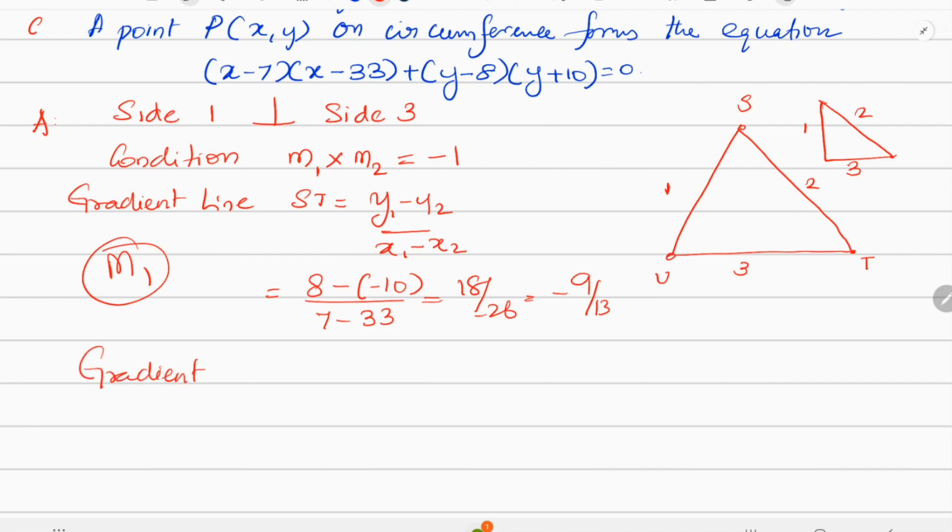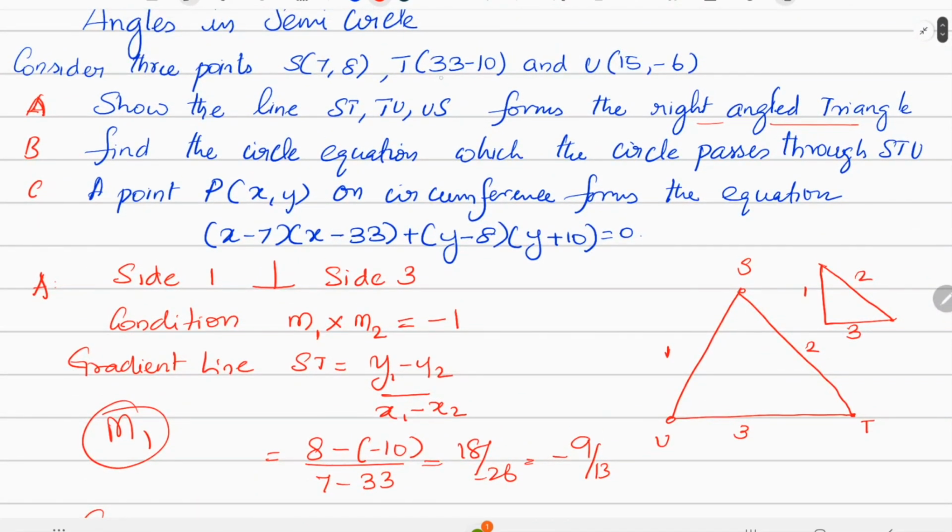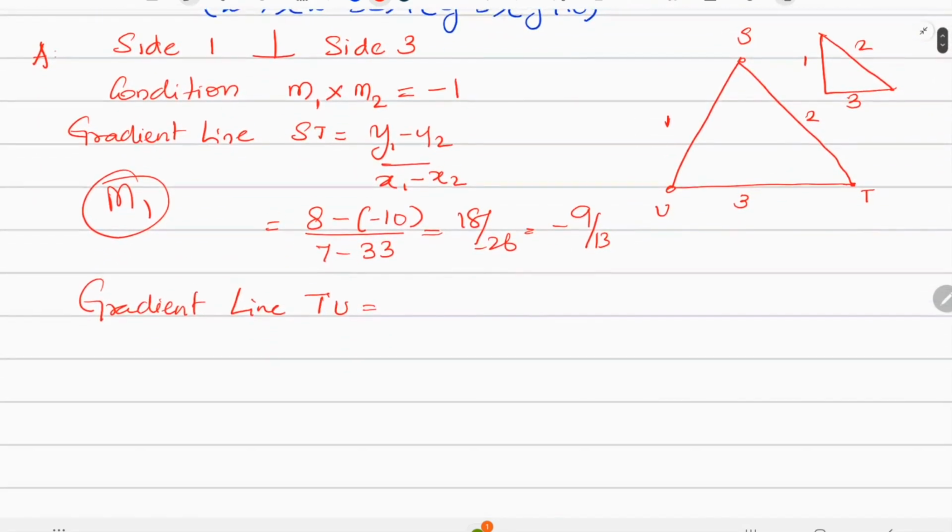Already we have found S and T. Now I find the gradient of the line TU. What is TU? T is 33, minus 10 and U is 15, minus 16.